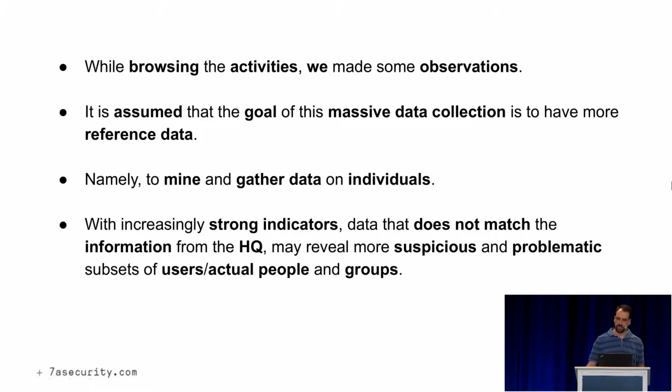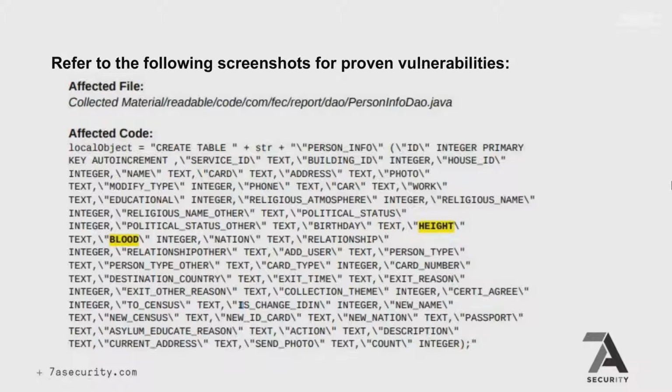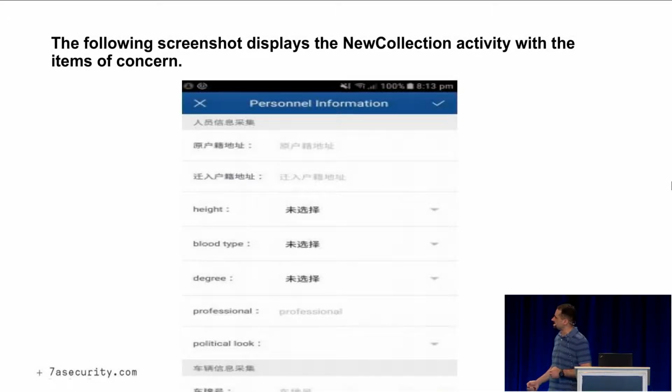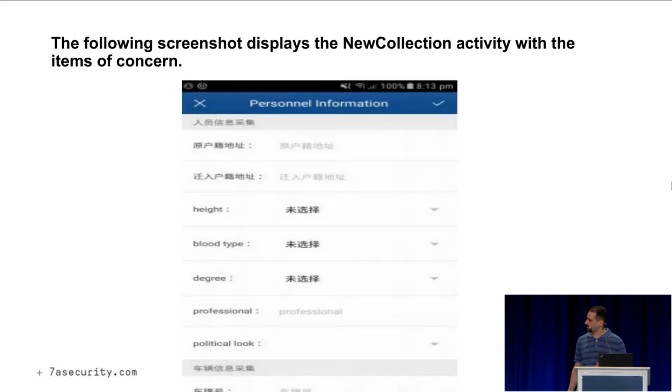So yeah, we found some evidence of this, and then you have here even the height, the blood type, all this was there in the app, right? And interestingly, it's in English. So this is of course all the compiled code. This is the app. As you can see, the translation is not perfect, but at least height and blood type and all the other things were translated fine.